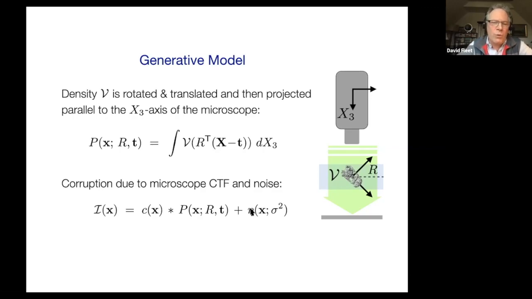So what do we know and what don't we know? We know the images. What we don't know is the volume, the density, and we don't know for every image the rotation and the translation of the particle in that image with respect to the camera coordinate frame.